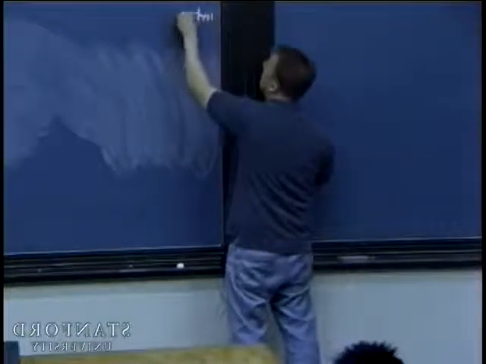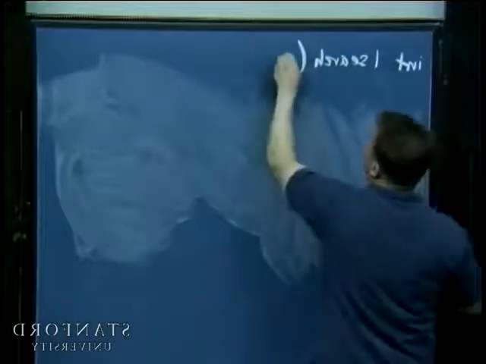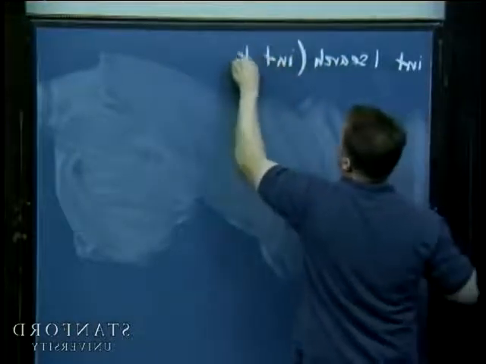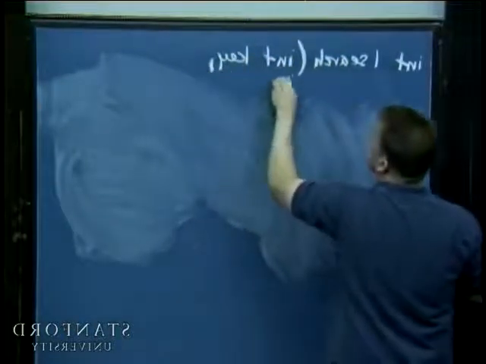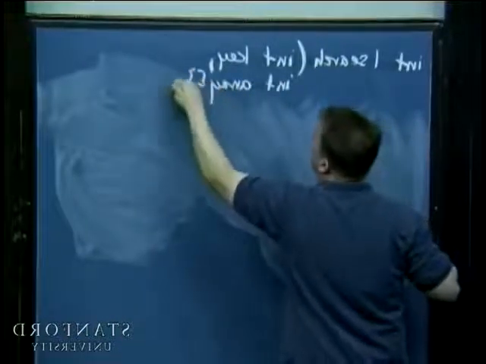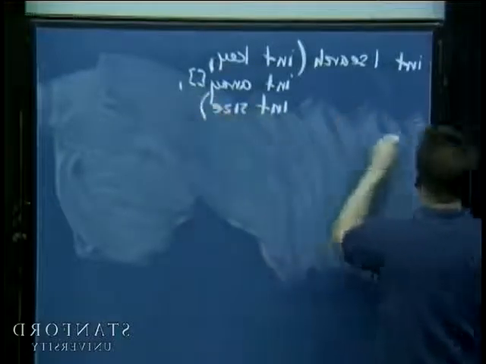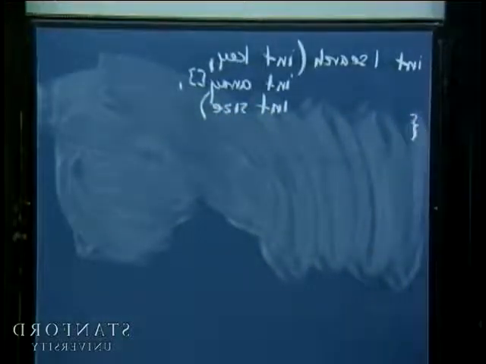Int, I'm just going to call it lsearch, where I pass in an int, I'm going to call it key, int array, int size. And I want this to just be a linear search from front to back of the array for the first instance of key in that array, and I want it to return the index of it or -1 if it can't be found.